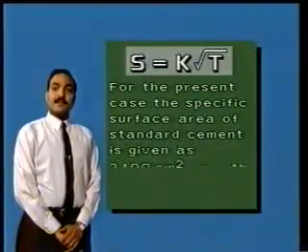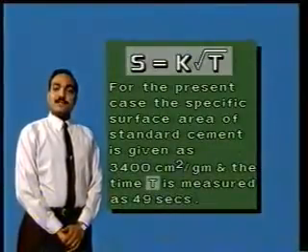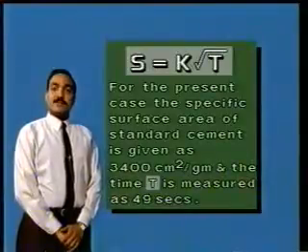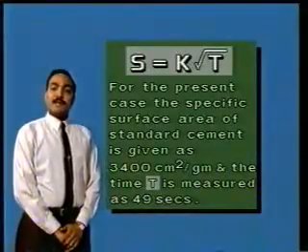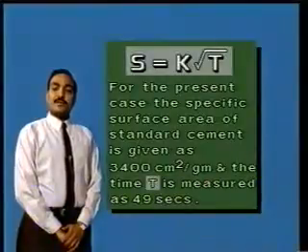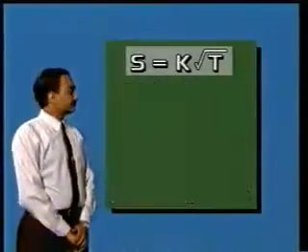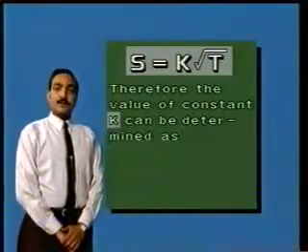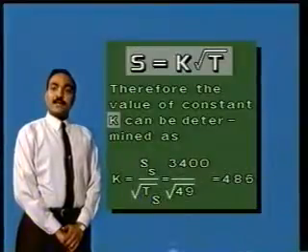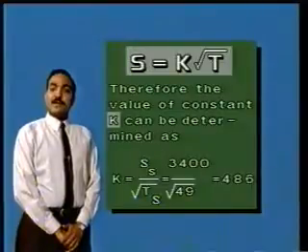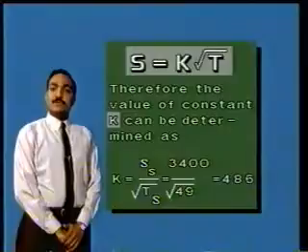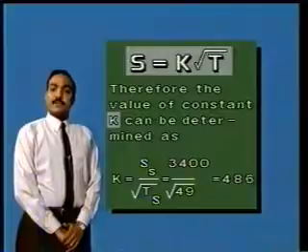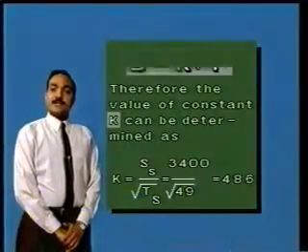For the present case, the specific surface area of standard cement is given as 3400 centimeter square per gram and the time T is measured as 49 seconds. Therefore, the value of constant K can be determined as K is equal to 3400 divided by 49 under the root, which is equal to 486. This value of constant K shall remain same for the given apparatus and standard cement taken.